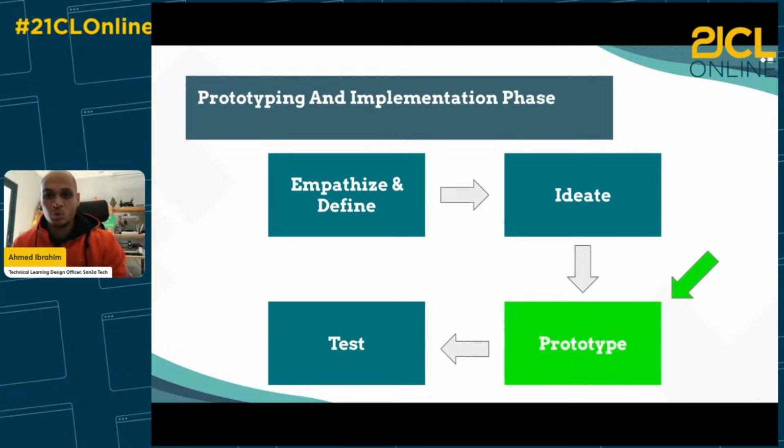After the students understood the problem well, built an empathy towards it, and designed their own version of the games, we proceed to the next phase, which is the prototyping phase. So we started the cycle by introducing the problem or the challenge we want to solve.